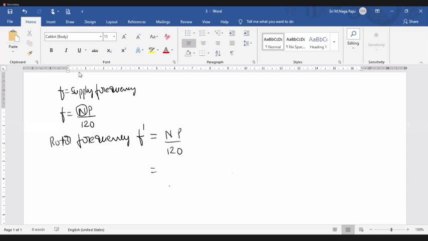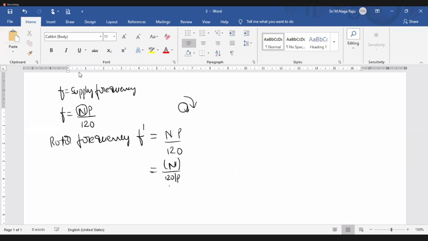Here, for the rotor condition, the speed is the relative speed between the stator flux and the rotor, because the rotor is rotating and the stator flux is also rotating.